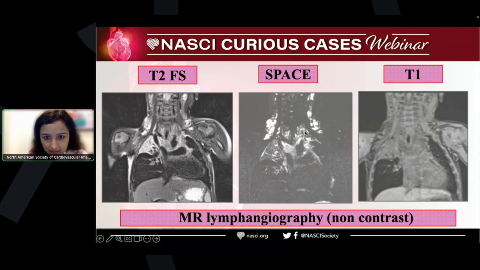You can see this proliferative lesion in the mediastinum, again some abnormality, hyperintensity in the upper lobe and around the mediastinum. And this was a T1 weighted sequence which showed an isointense lesion. So T2 weighted fat SAT, and this is the heavily T2 weighted sequence that was done, which showed hyperintensity in the region of the mediastinum.